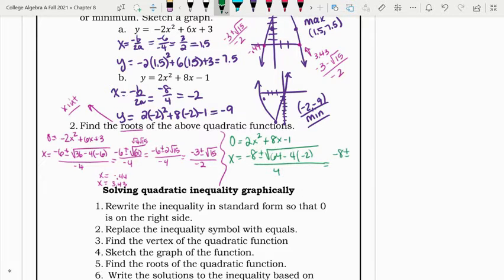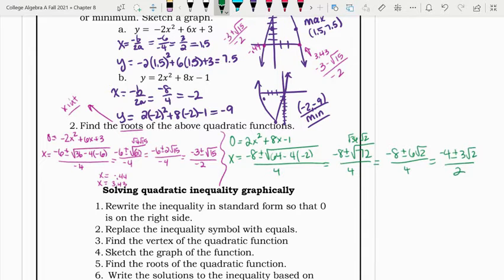So negative 8 plus or minus the square root of, it looks like, 72 over 4. Simplify that, so that divides 36, so 36 and 2. So 6 square root of 2 over 4. Simplify that, divide everything by 2, so negative 4 plus or minus 3 square root of 2 over 2.